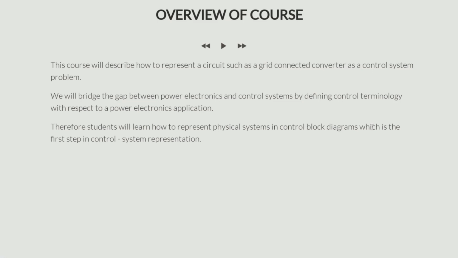And these are the equations that describe your power electronic converter. Using this, I'm going to talk about how we can take these equations that describe the physical system and convert them to control block diagrams. And this is always the first step in control, which is system representation. And this is what we'll start off with in this course.